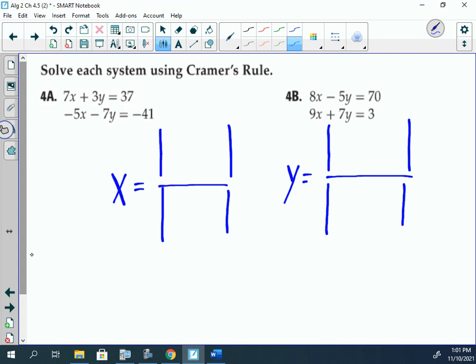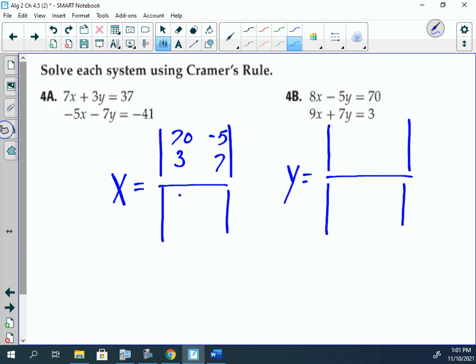Let's look at this one here. So we're going to set it up, and then we're going to use the calculator to solve. So for x, we're replacing the x values with what it's equal to. So this would be 70 and 3, and the y values would stay the same.